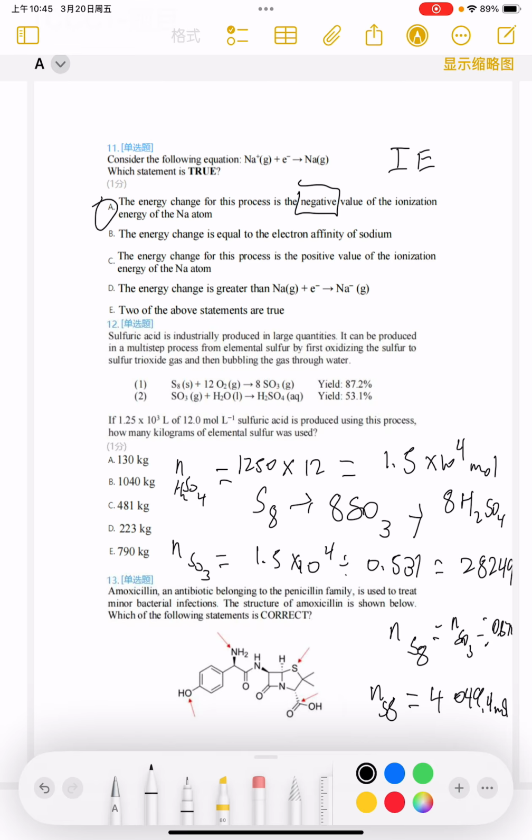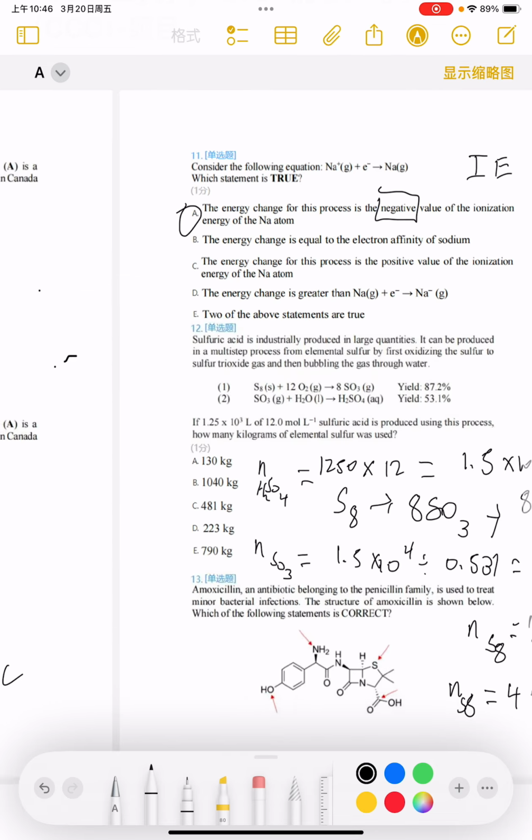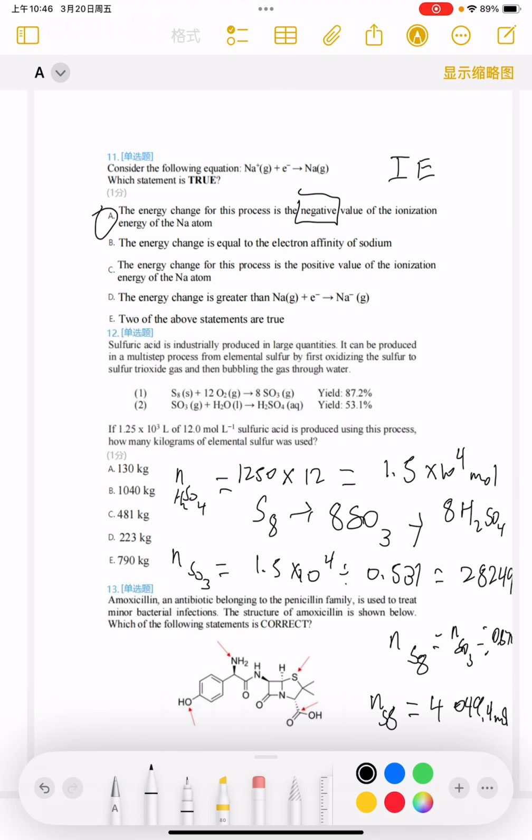Since we got this value, we can just calculate the molar mass and multiply, which I won't calculate, but it will be B. Okay, this is a bit messy. Okay, moving on.